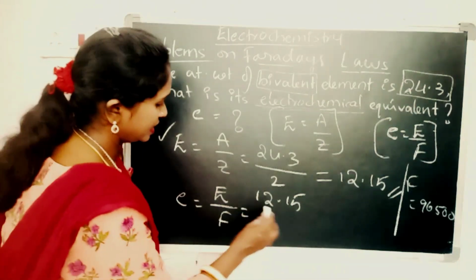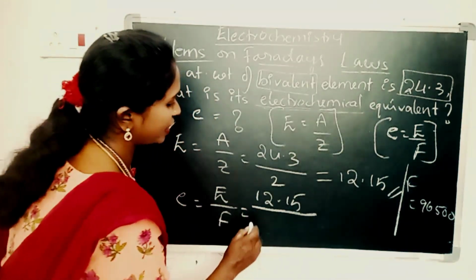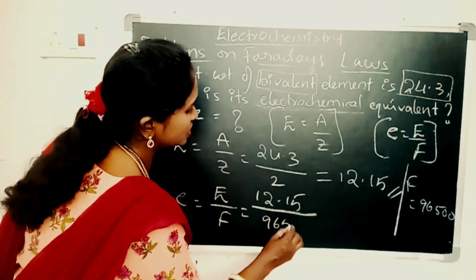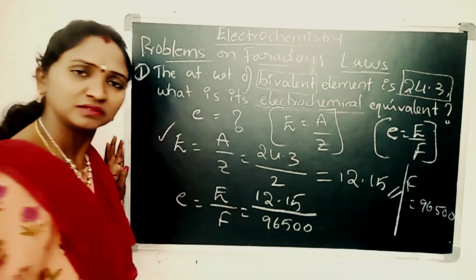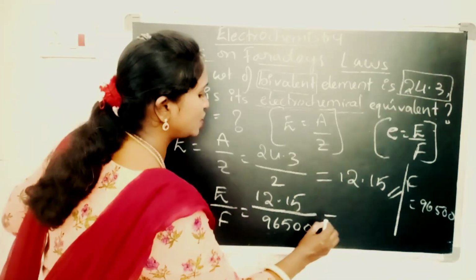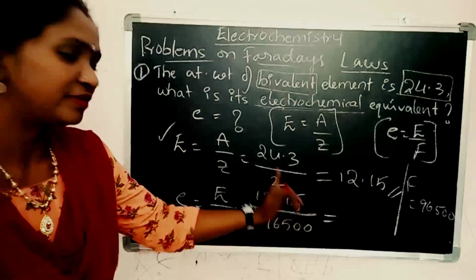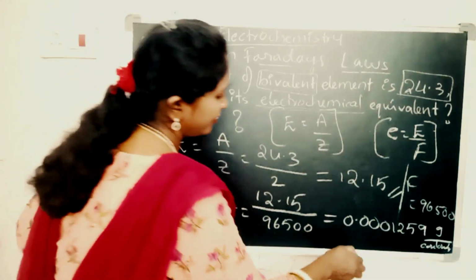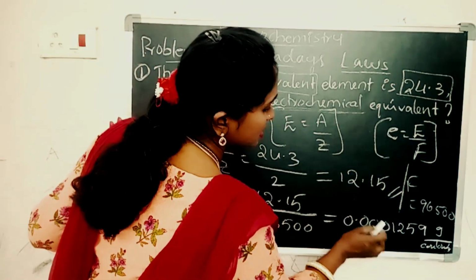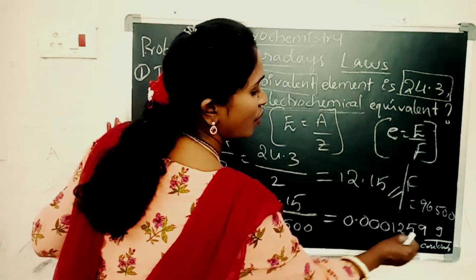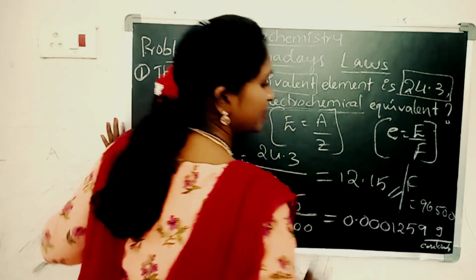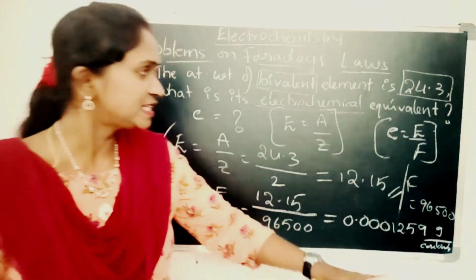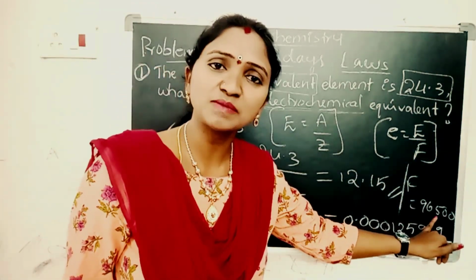So 12.15 by 96,500. After calculation, the value is 0.0001259 grams per coulomb.